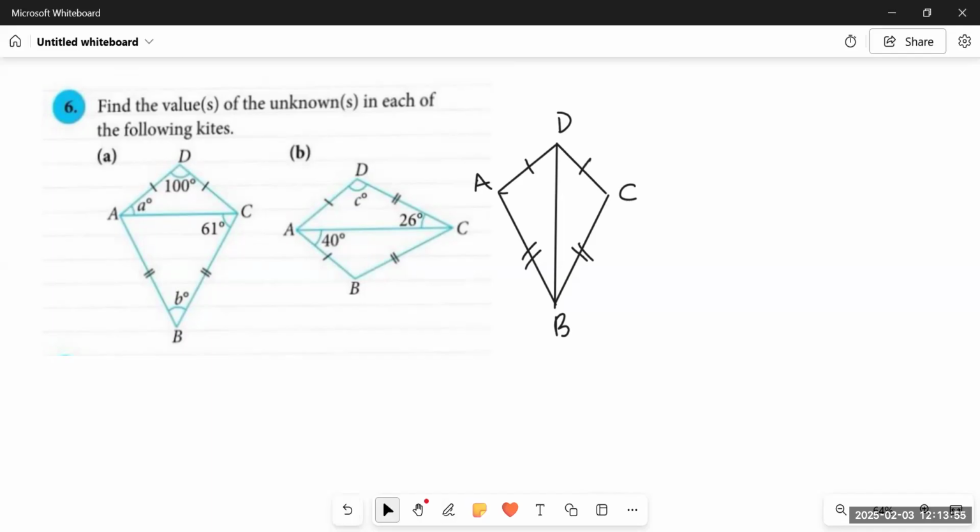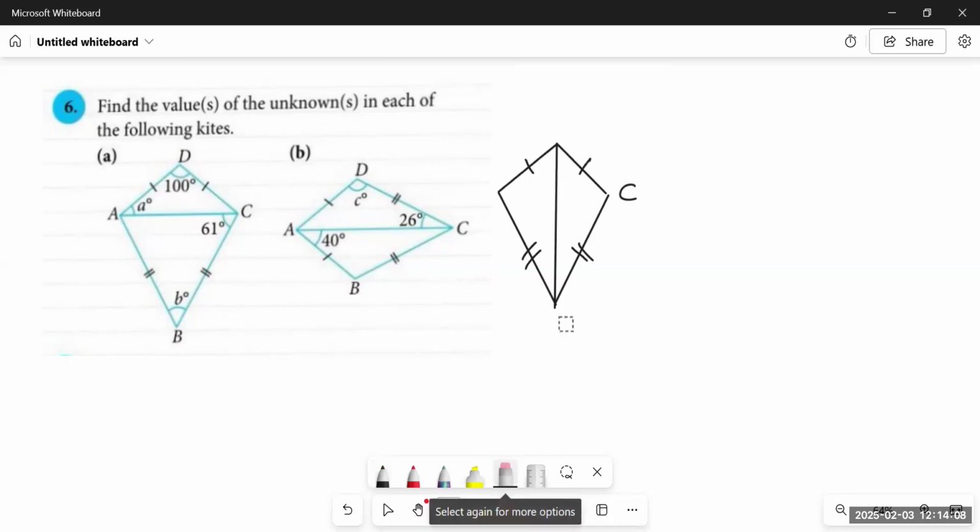So what is given over here? Let's figure it out. Which of the angles are given? This angle is given, which is ABC. Sorry, I labeled it wrong. It would be like this. A, D, B, C. Okay, so which of the angles are given out of the four angles?